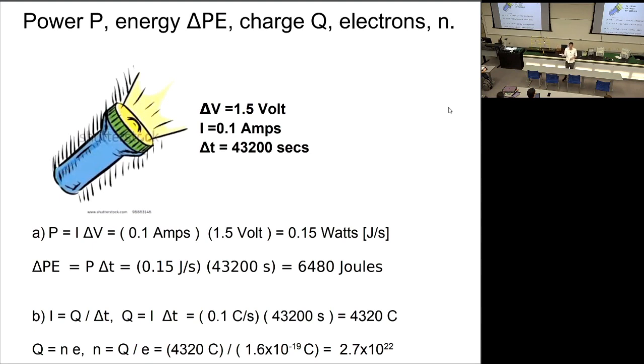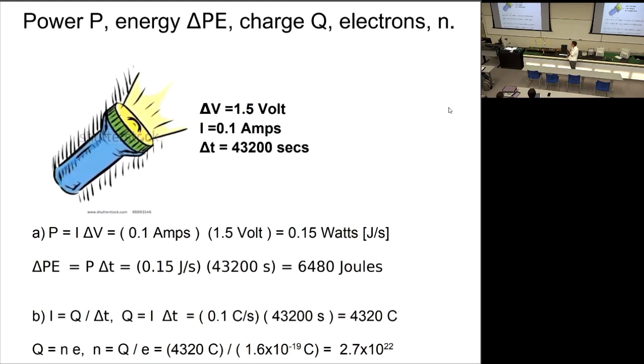Well, if you know that the battery is supplying 0.15 joules every second, to get the electrical energy that's supplied, let's just multiply the power by the length of time that the battery was supplying that power. So I took the 0.15 joules per second and multiplied it by the number of seconds in 12 hours.